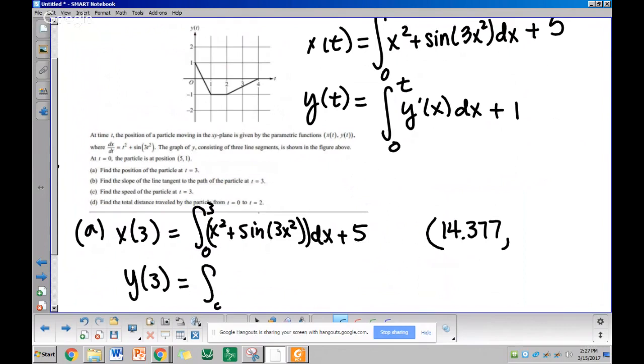All right, now what about y of 3? That's the integral from 0 to 3 of y prime of x dx plus 1. Well, what is the integral from 0 to 3? It's the area under that curve. So what are we going to do?